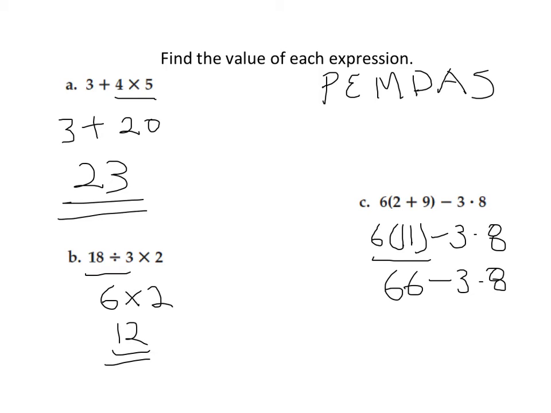According to PEMDAS, multiplication comes before subtraction. So I'm going to go ahead and do 3 times 8, which is 24, giving 66 minus 24. The final thing I need to do, since I only have one operation left, is to find out what 66 minus 24 is, and that's 42. That's the final answer after evaluating.